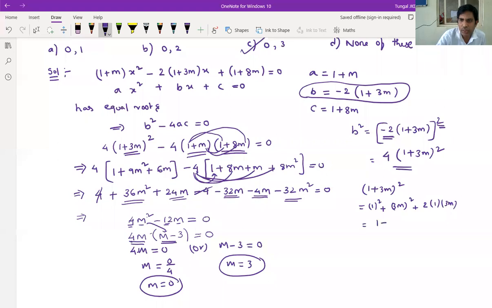So 1 square is nothing but 1. (3m) whole square, what will we get? 9m square. 2 into 1 into 3m, what will we get? 6m. Like that we have to write. Understood? Sir, it is clear. Go next. Very good.